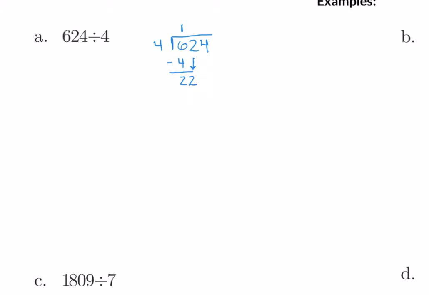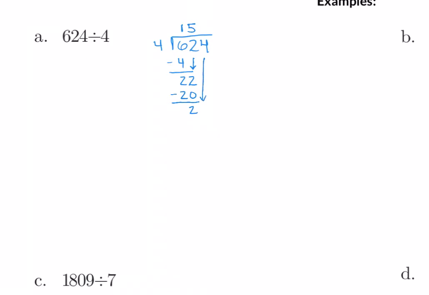4 goes into 22 5 times. We multiply 5 times 4, we get 20. I can subtract 22 minus 20, so we're okay there. And 2 is still smaller than 4, so we're okay there. 5 was the correct answer.